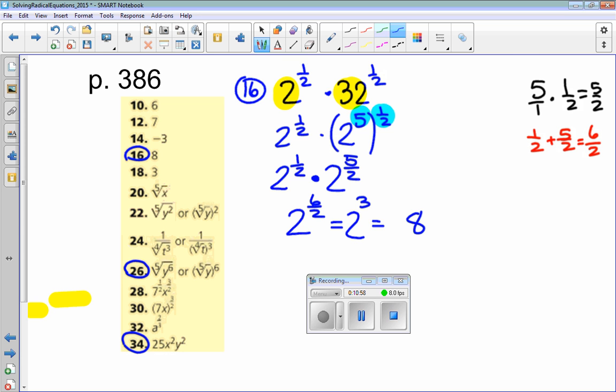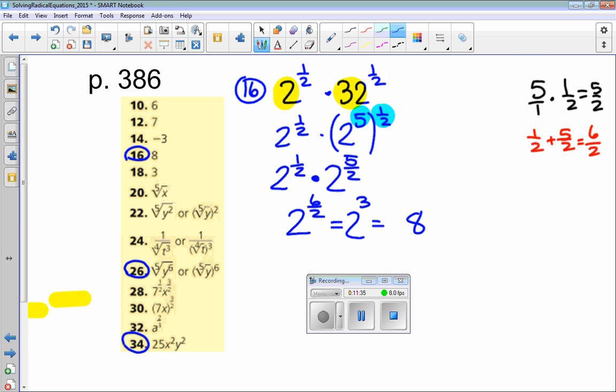So I can say, watch, 2 to the 1/2 power, come out of it, times 32 to the 1/2 power, come out of it, and I get 8. It doesn't always work out to be a number like this, because often you have x's and y's. But if the number does, it's a way to check your answer for sure, right?